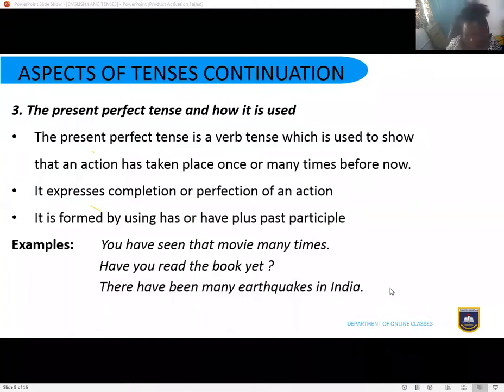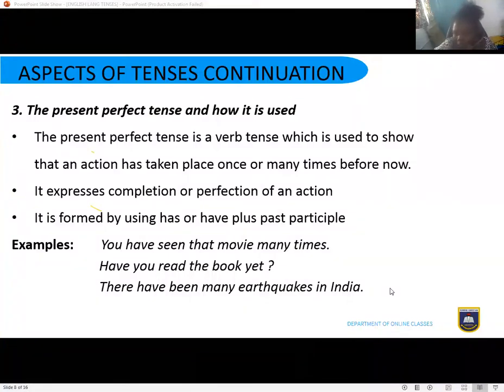The second point, the present perfect tense expresses completion or perfection of an action. And then the last point is it is formed by using has or have plus the past participle form.